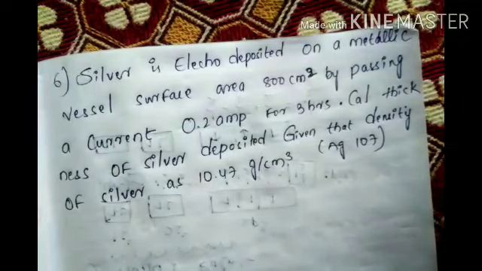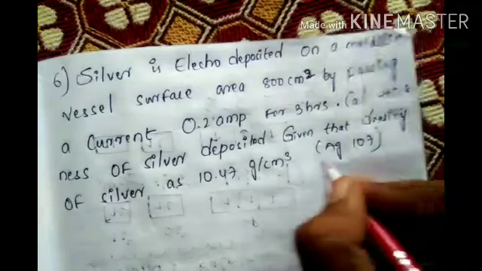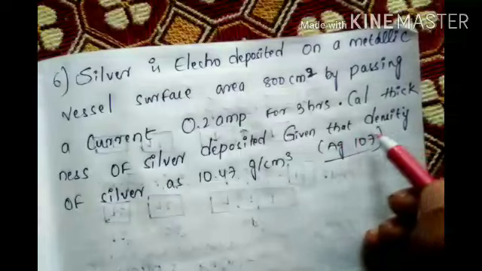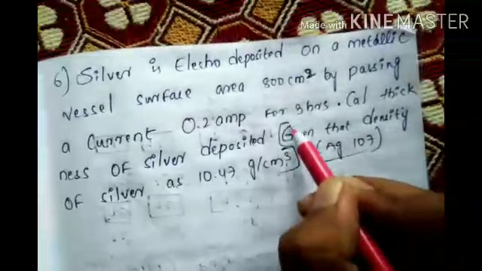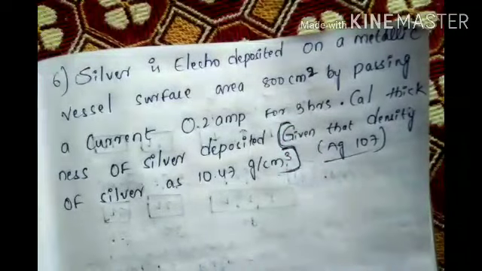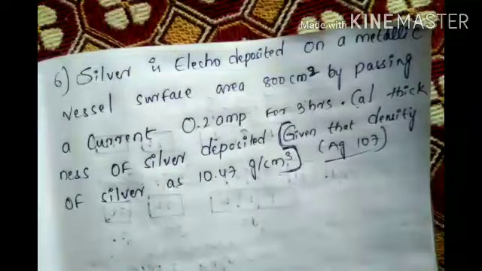Calculate the thickness of silver deposited, given the density of silver as 10.47 grams per cubic centimeter. So they gave the density of silver.